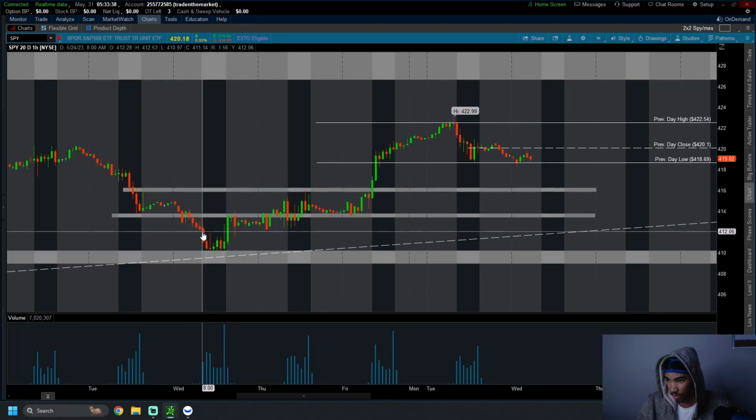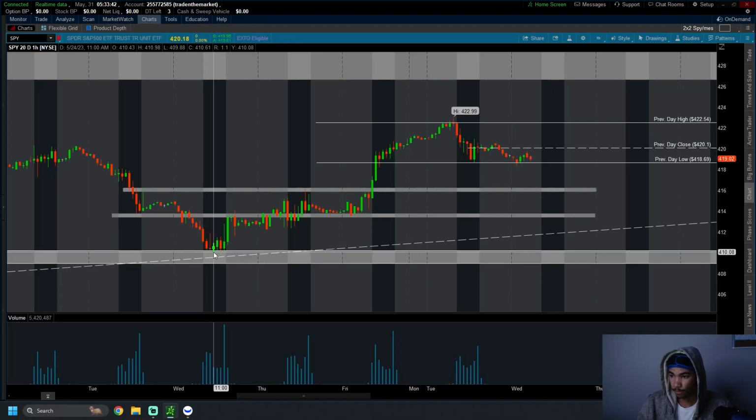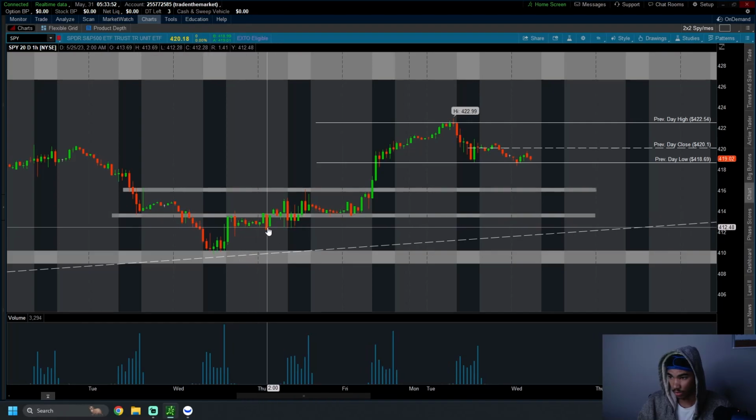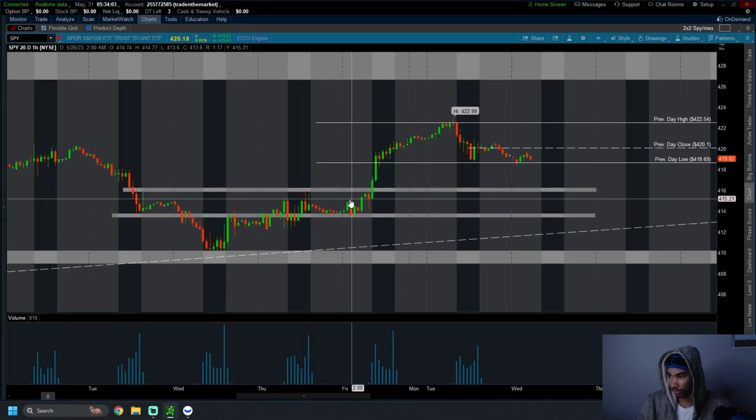Price wicks up into here, and then drops, comes down to this demand zone, comes back into this significant zone here. Interesting action here. We get above. Now while we're in between these two zones, we just bounce around between them. So these two zones are significant price action to watch for. And then here we get above, as you see.